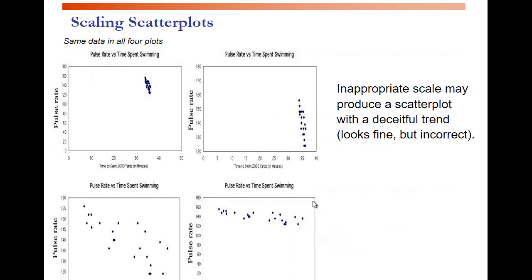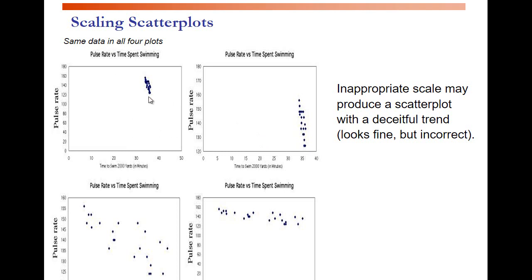When we draw scatter plots, scale is a big deal. If you use an inappropriate scale, that might lead to some deceitful patterns. So all the 4 scatter plots here are created using the same data, but you can see how different the pictures we obtain are.